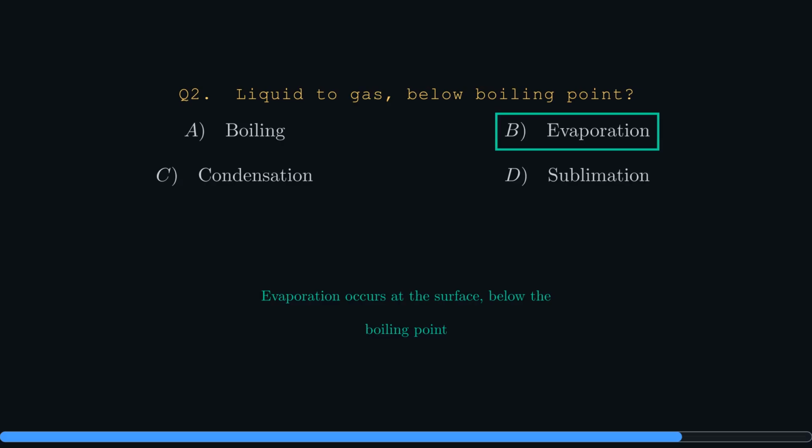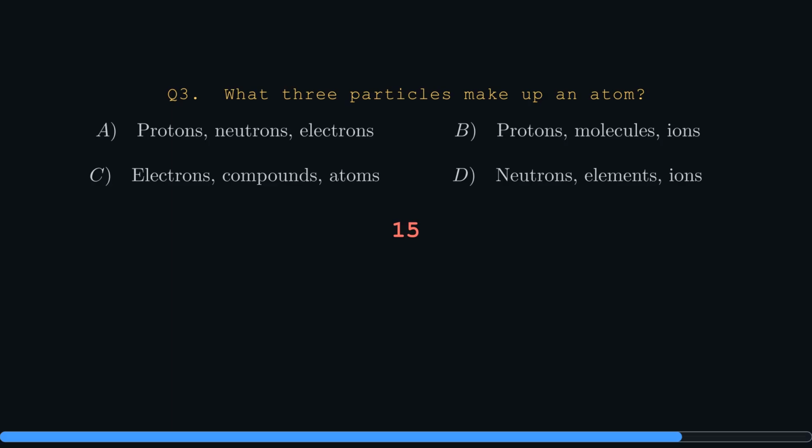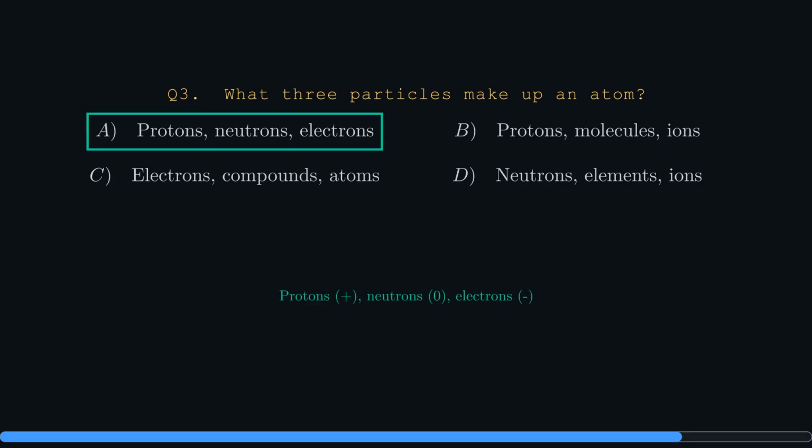The answer is B, evaporation. Question 3. Which three particles make up an atom? The answer is A, protons, neutrons, and electrons.